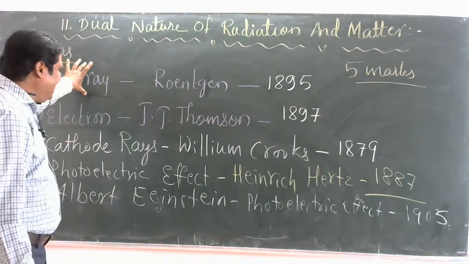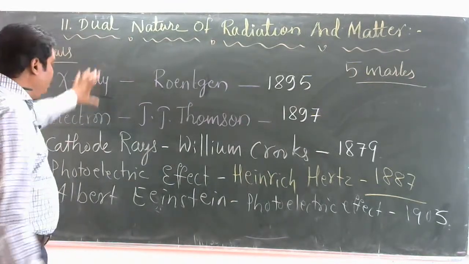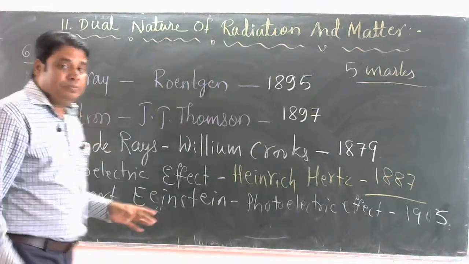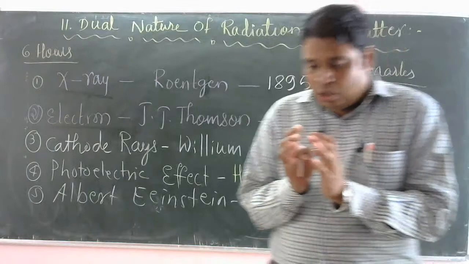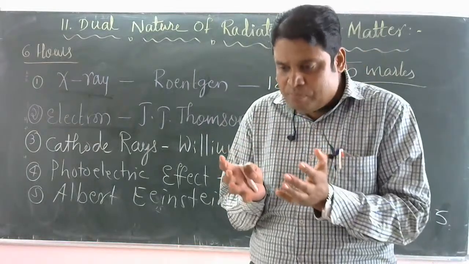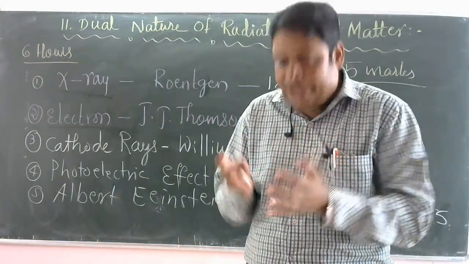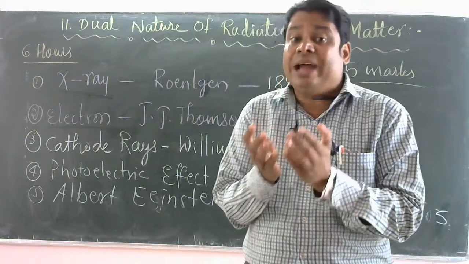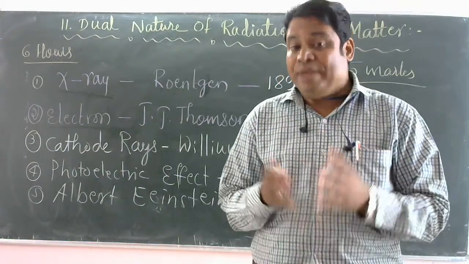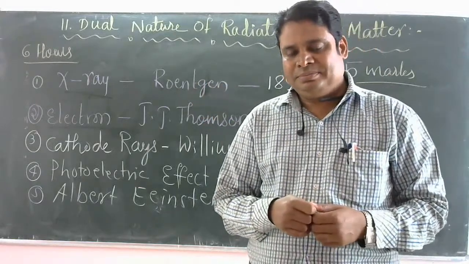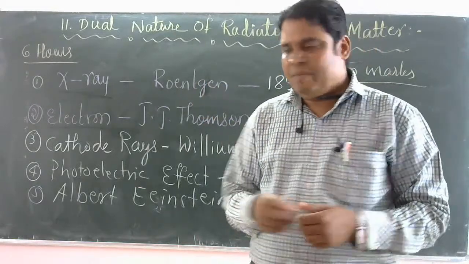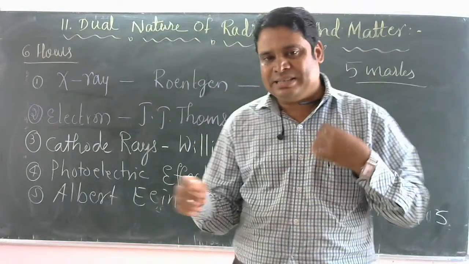Remember, the detection of X-ray and electron gave an idea about the deep nature of the atom. We can understand the atom better at that time by using the J.J. Thomson model as well as X-rays.